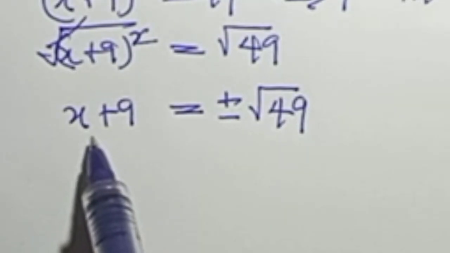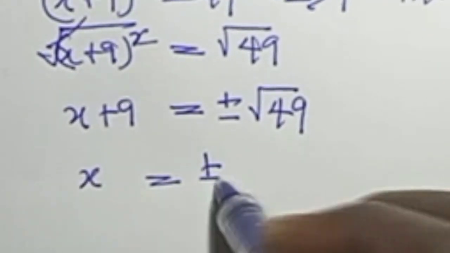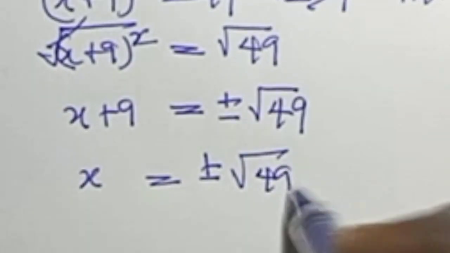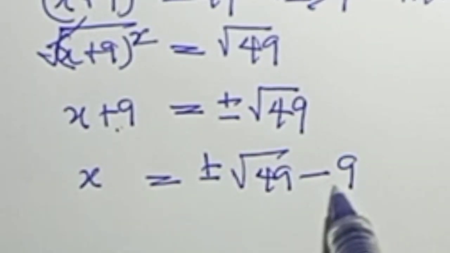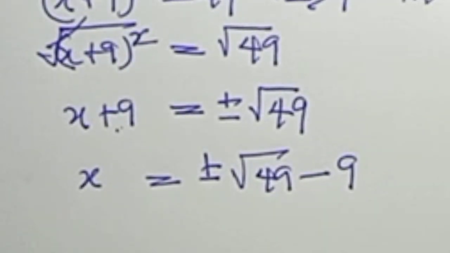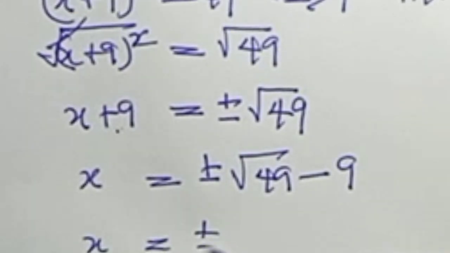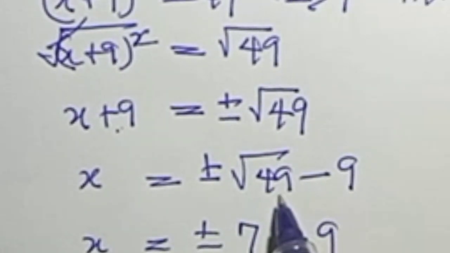And here we would like for x to stand alone, so that x can be equal to plus or minus the square root of 49, minus 9. As the 9 crosses the equal sign, the sign definitely will change from positive to negative, and we are fine. So therefore, x is equal to plus or minus 7, minus 9. The square root of 49 is 7.